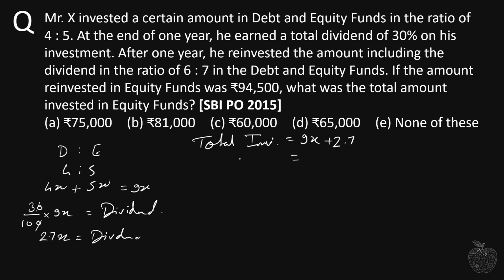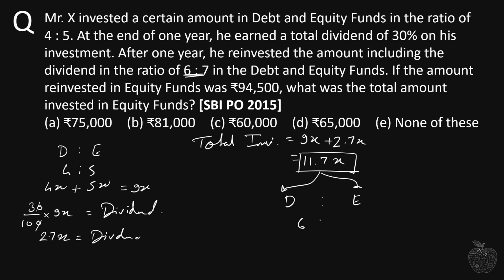So his total investment now becomes 9x plus 2.7x, which is 11.7x.